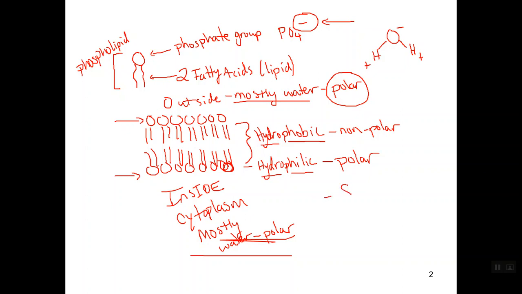We call this a semi-permeable membrane. Semi means some or part or half. Permeable means things can go through it. So what things can go through and what things can't?